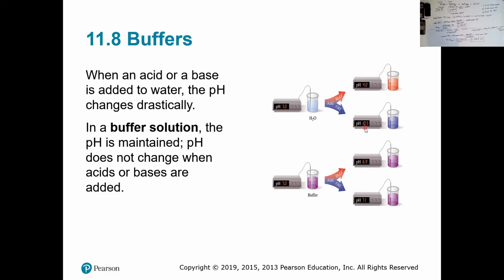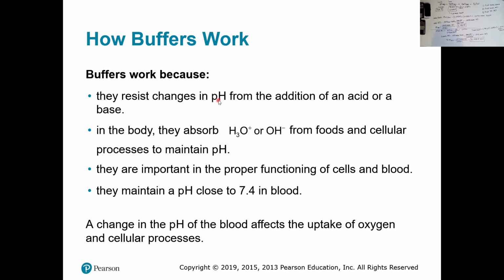It didn't jump all the way up to 10.5. So buffers are present to make sure that very large changes in pH don't happen during your reaction. Okay, they're supposed to maintain a steady pH.